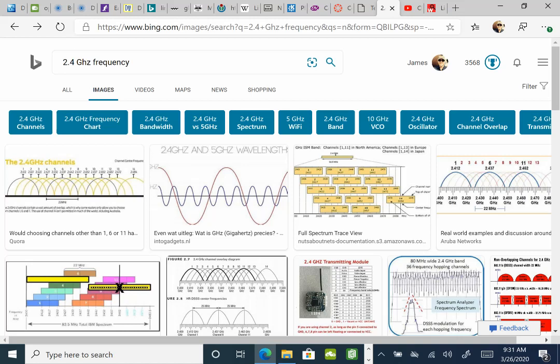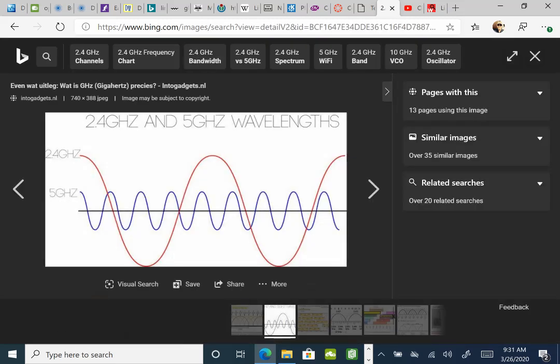This is all a very simplistic way of looking at it. We're not trying to make us radio experts, but if you look at the 2.4, and again, this is blown up, you've got about 2 inches here instead of 1 inch, so it's about half this size.